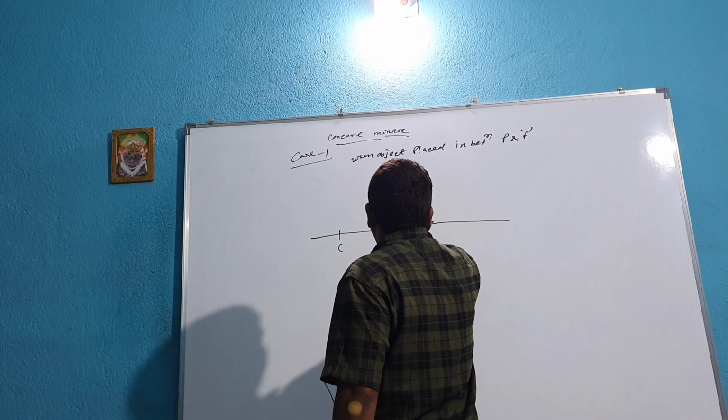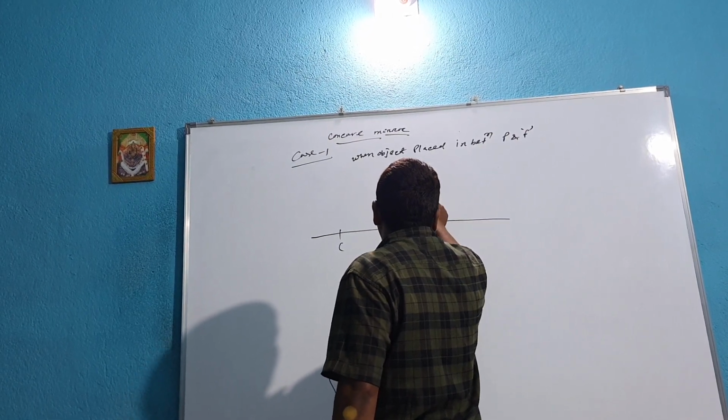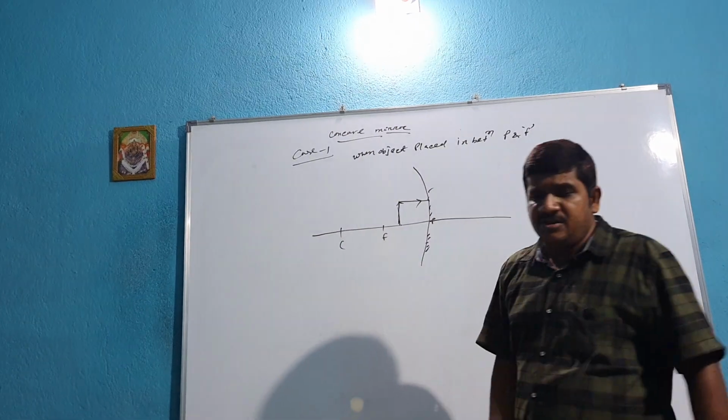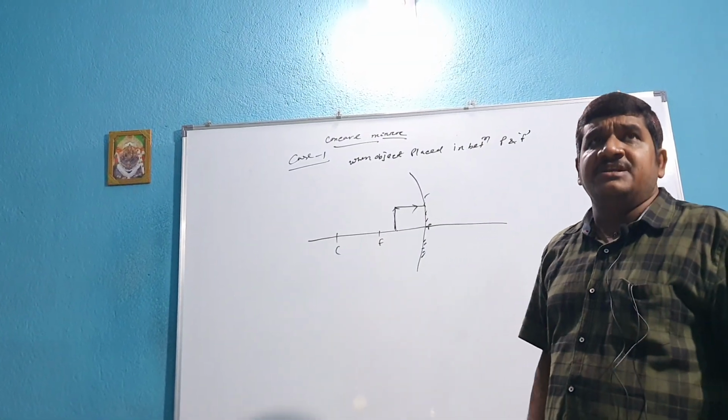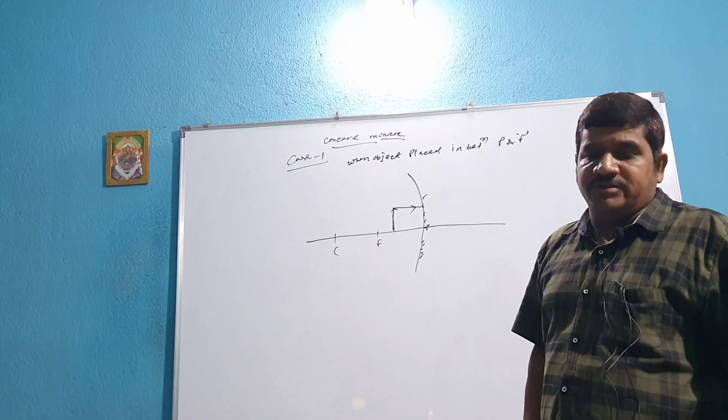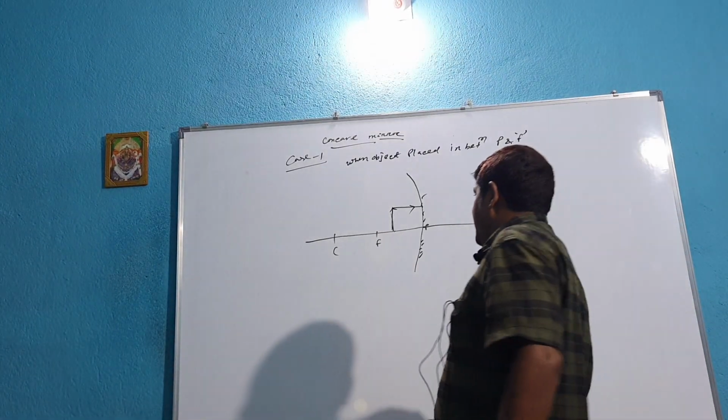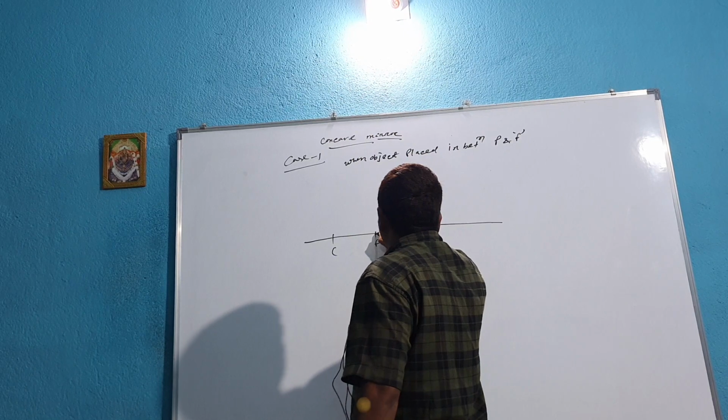Then first draw a parallel line to the principal axis. We know that when we draw the parallel line to the principal axis, according to the rules, the ray passes through the focus.